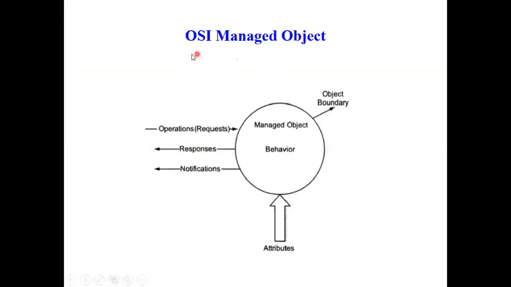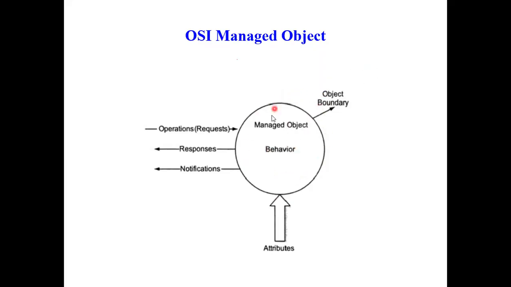Okay, so we have studied what is an OSI managed object. I hope you remember this, because we had studied an object from the internet perspective and we have studied an object from the OSI perspective. We had taken the example of a circle. A circle is my managed object, and it has some behavior. There are some attributes of the circle, some dimensions are there, and there is an object boundary. Why is there a boundary? Because not all things might be visible to the outside world.